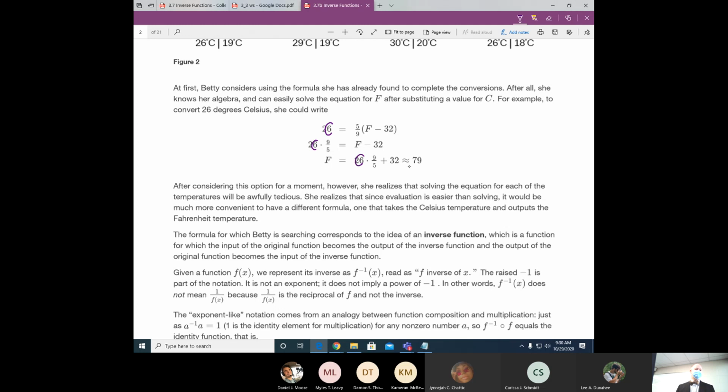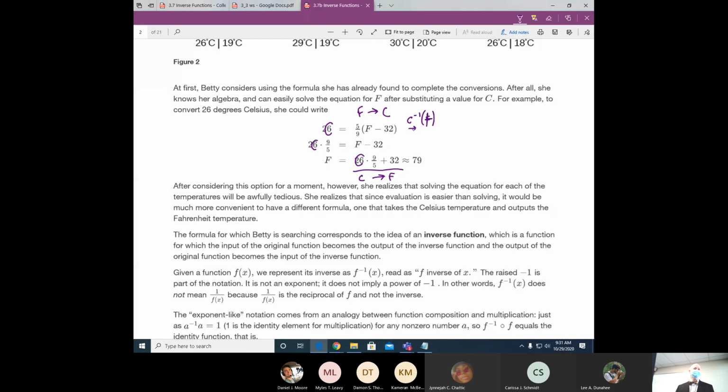solve for F, and now I have the inverse function going from centigrade to Fahrenheit, where this function here gives me Fahrenheit to centigrade. Mathematically, if I take in any input F and I do this to it, the inverse of that, I'll call that C inverse of some temperature F. Or maybe I'll call it T just to generalize it.